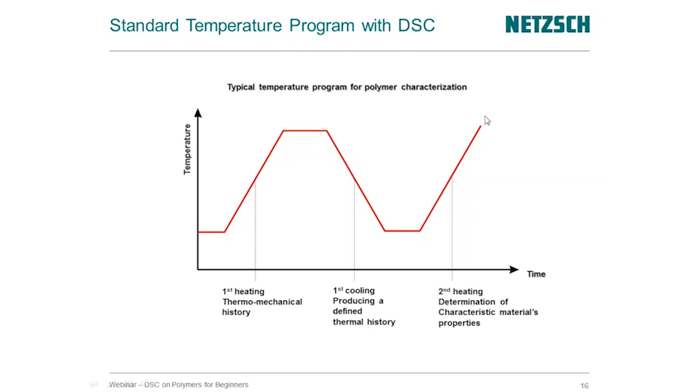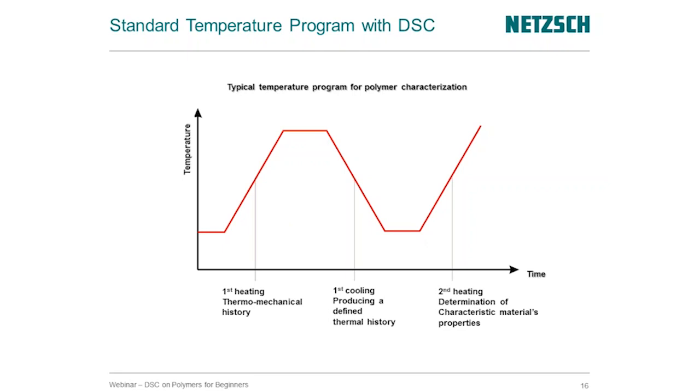The first heating reflects the entire thermomechanical history of the sample. When we compare the DSC profile of a sample in the first heating, we're looking at thermomechanical history. This includes the impact of the production or manufacturing process, the storage conditions, as well as the effects of sample preparation.